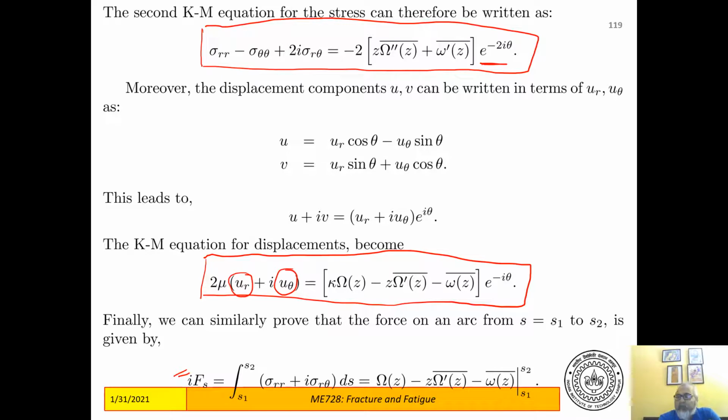This week, we will do problems of different kinds, which will lead up to problems involving cracks. We will just scratch the surface of crack problems at the end of this week, and then next week we will go deeper into different kinds of crack problems that we will solve with what we have learned in complex variable theory and the KM equations.